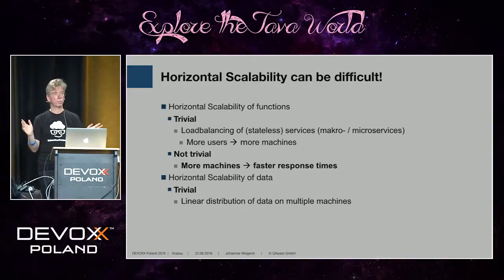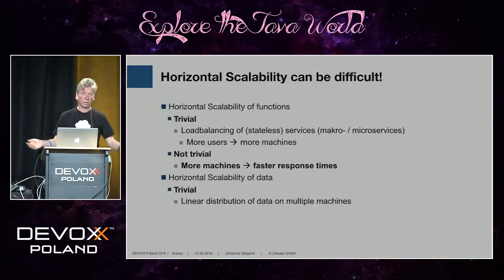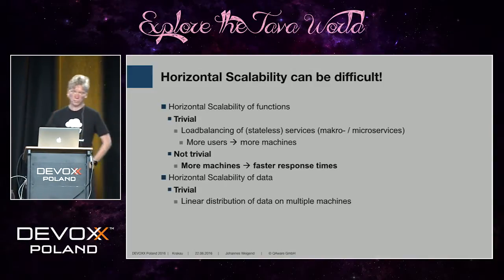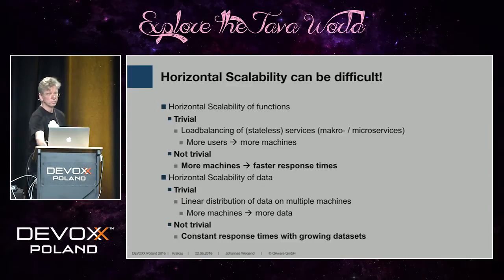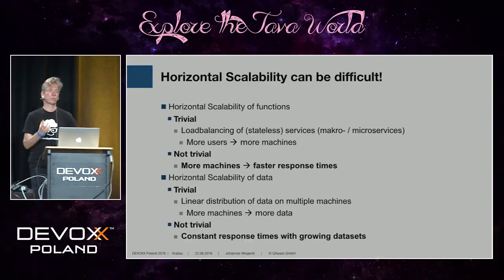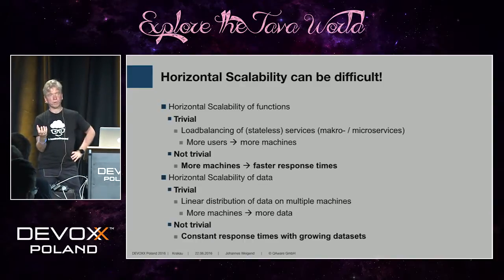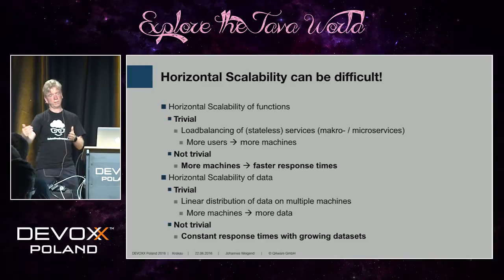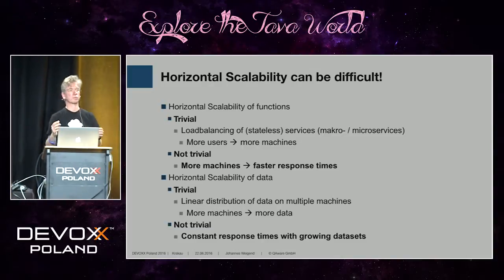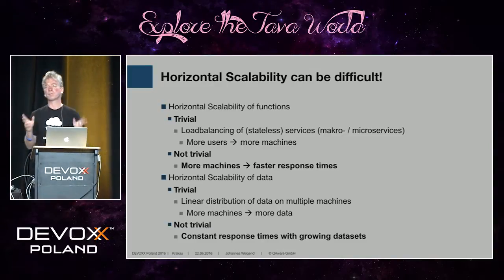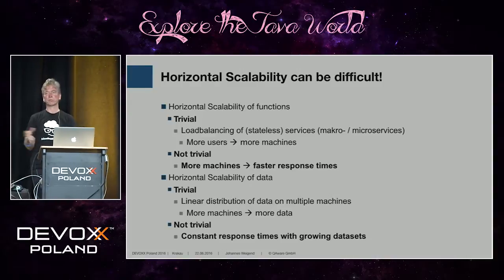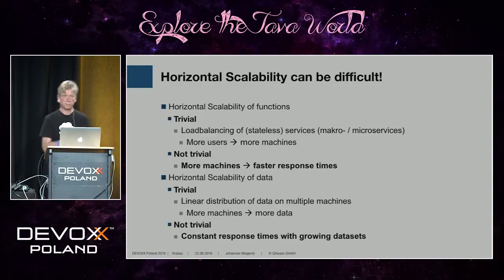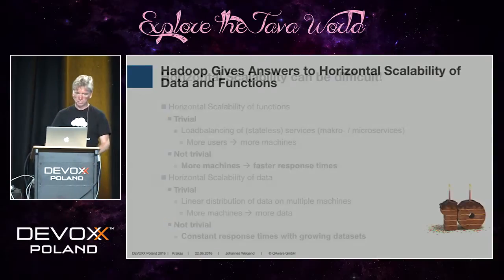Now in the new SQL world, we have a lot of choices, but distributing the data is only one thing. The problem is if you have constantly growing data and you want to have constant response times. And that means you have to also process the data in parallel, and not only store in parallel.